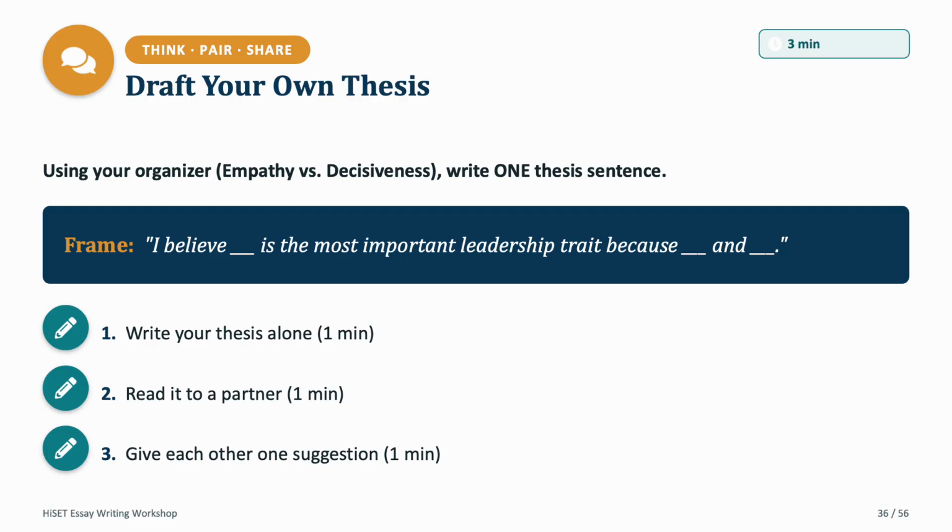Now it's your turn. You're going to use your organizer of empathy versus decisiveness to write one thesis sentence, okay? And you can use this frame. I believe, and then you would put either empathy or decisiveness, is the most important leadership trait because, and you're going to need two reasons, okay?